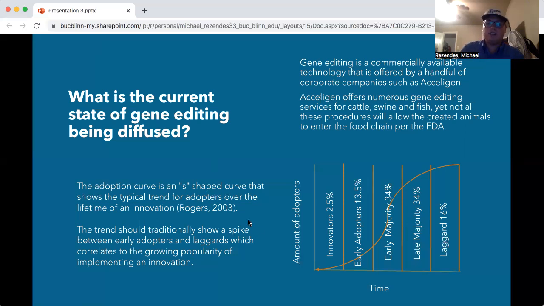I would very confidently say gene editing in meat animals is in the very early stages of the innovators section right here. We haven't got to where 16% of people have adopted it, and we certainly haven't gotten to where 50% of people breeding cattle, pigs, and fish have adopted this technology yet.